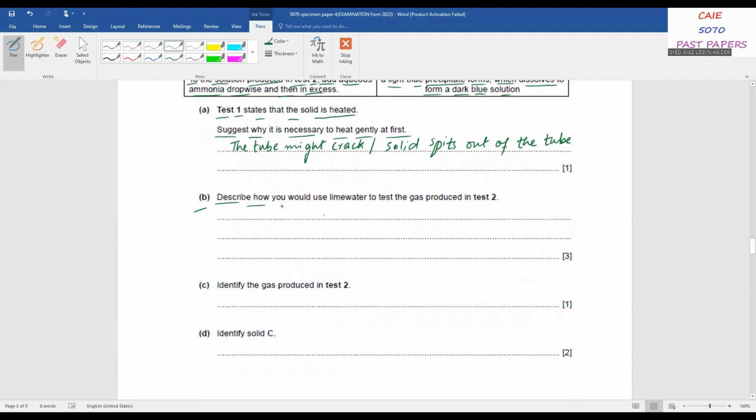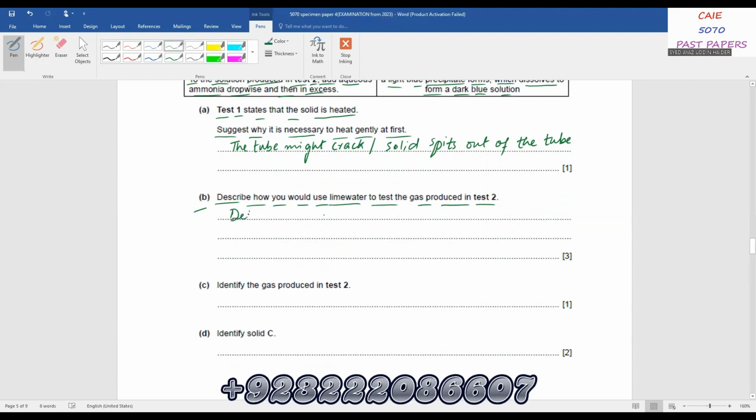B. Describe how you would use lime water to test the gas produced in test tube. Now they are asking about the procedure. It's very simple. You can either use a pipette or delivery tube first. Then you will pass the gas through lime water. The bubbles will be obtained.